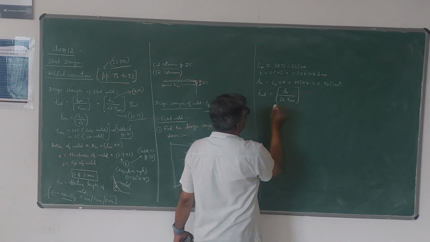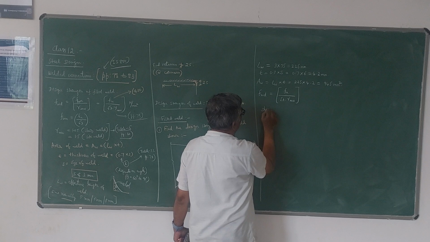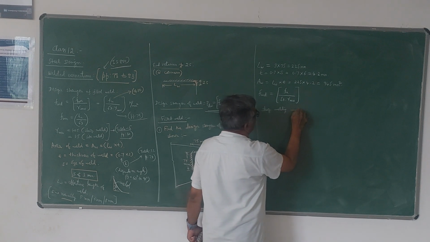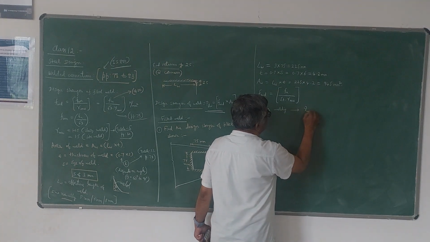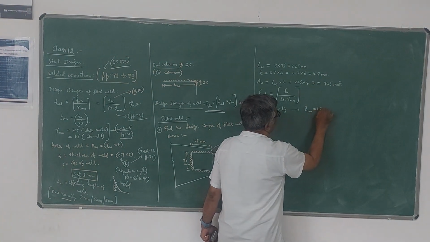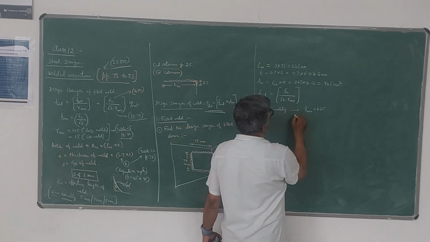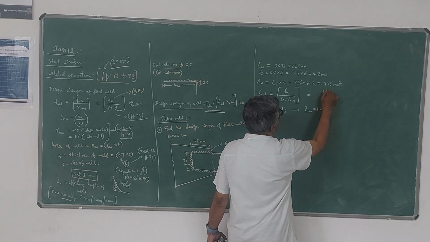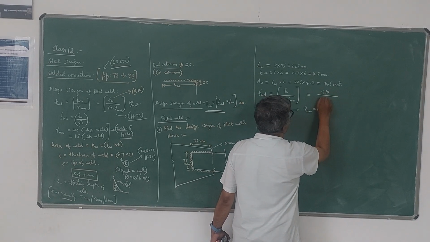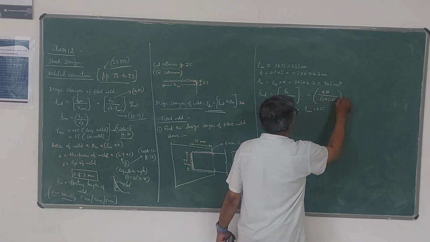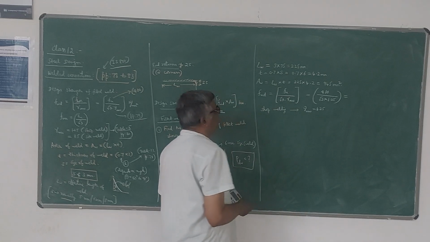Now let us assume that it is shop welding. Welding is done in shop under controlled conditions. So gamma MW we have to take as 1.25 for shop welding. Fu is 410. So if you substitute, 410 divided by root 3 into 1.25, this is the value of FWD.